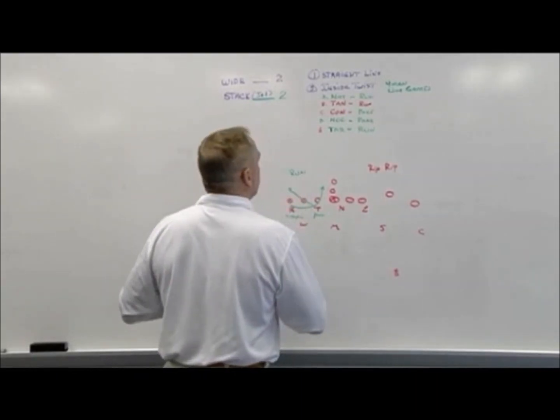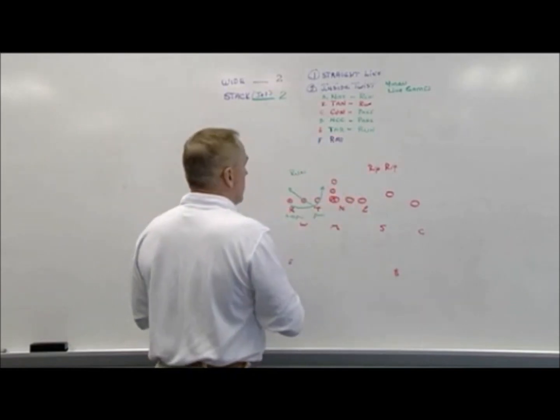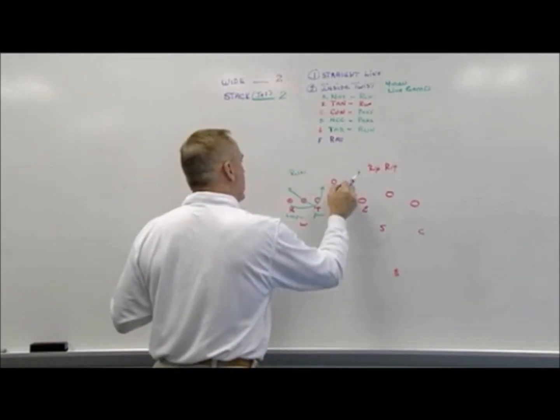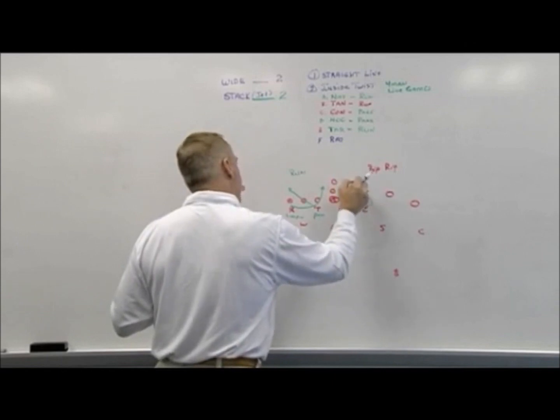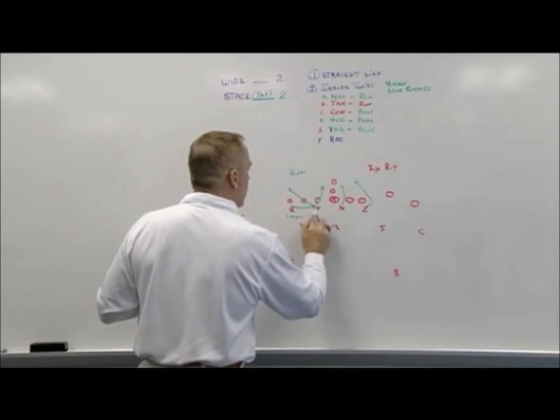The next one is what we call rat. Again, in tar and rat, contain rush by the end, A gap by the nose guard.